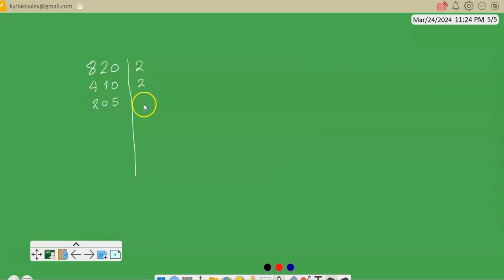We divide by 5, and this gives me 41. 41 divided by 41 gives me 1. 820 equals 2 to the second power times 5 to the first power times 41. So this is 4 times 5, 20. 20 times 41 is 820.